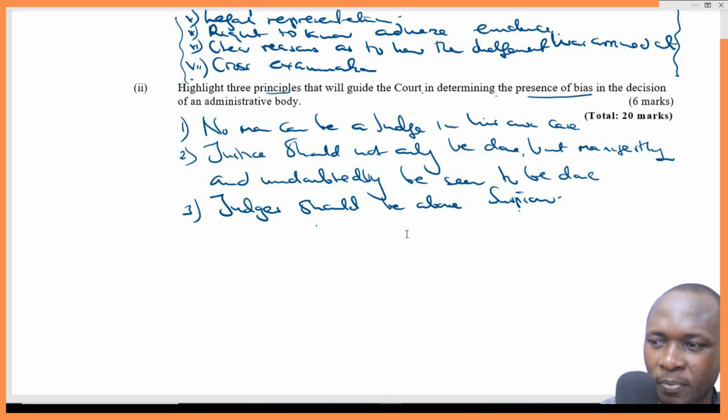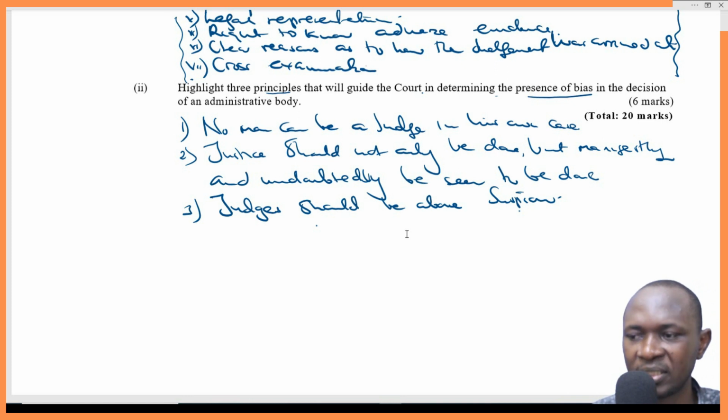So for issues of bias to disappear completely, the judges must be seen not to be suspicious in any way. They must be above suspicion. And this makes the three key principles that will guide the court in determining the presence of bias.